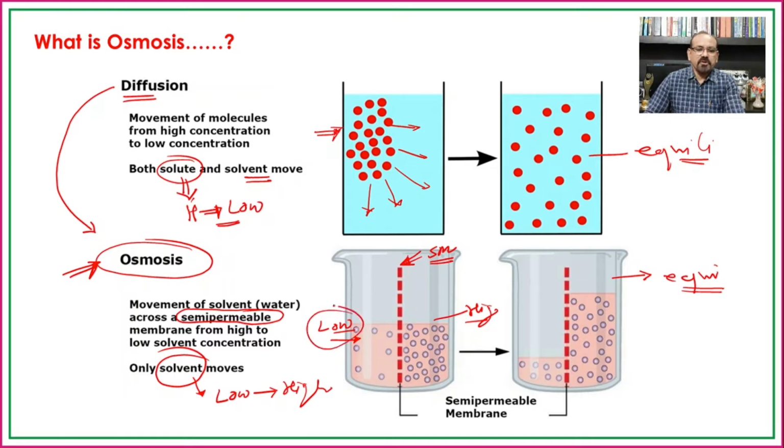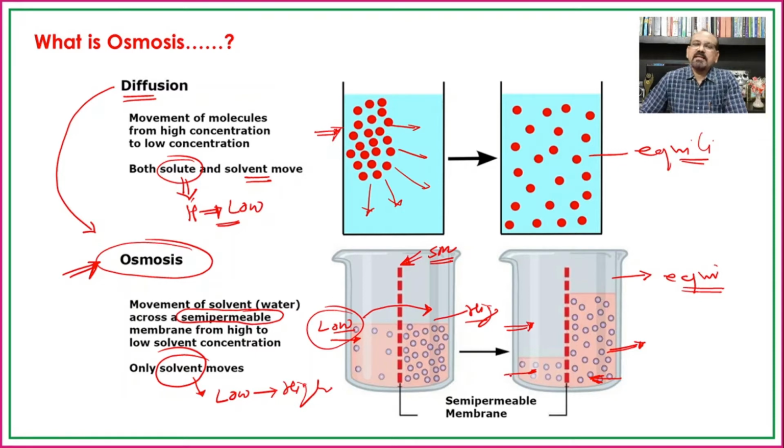So from the region of lower concentration to the region of higher concentration, there is a transport of solvent molecules, and because of this transport there is a reduction in the amount of solvent on the left side and an increase on the right side. But if you see the concentration on both sides, you will find a formation of similar concentration.